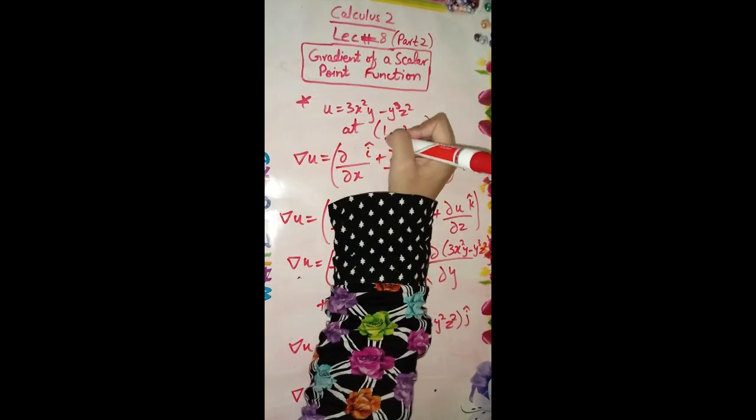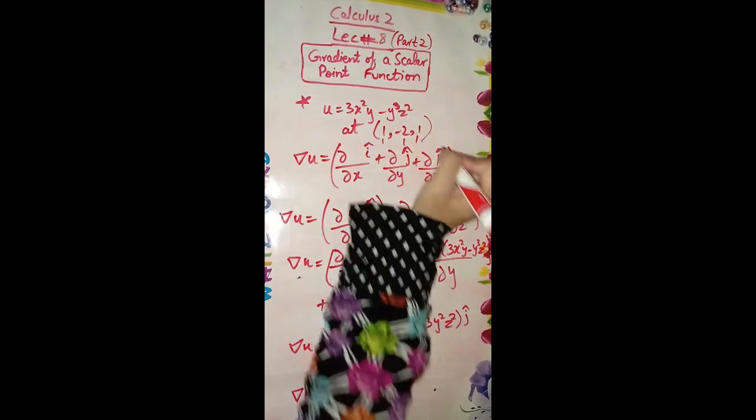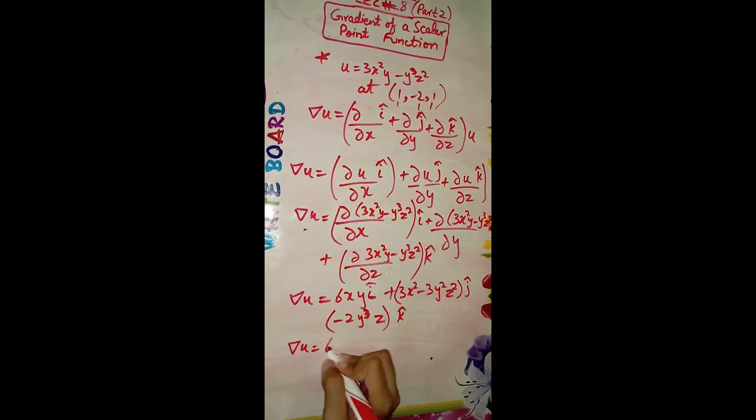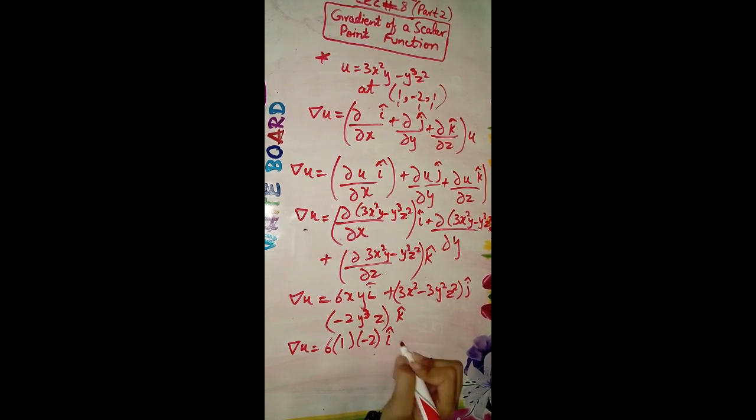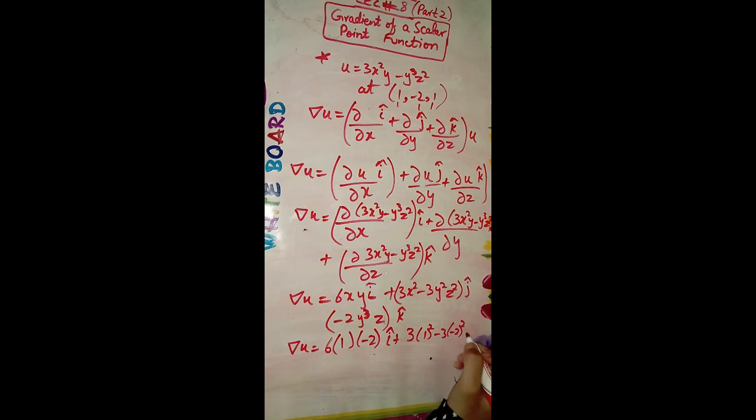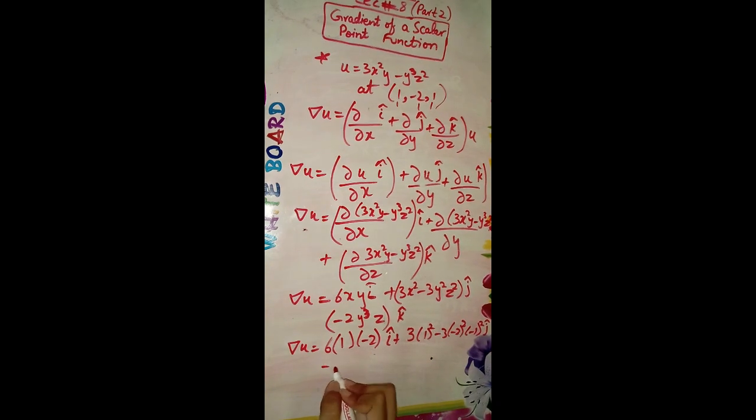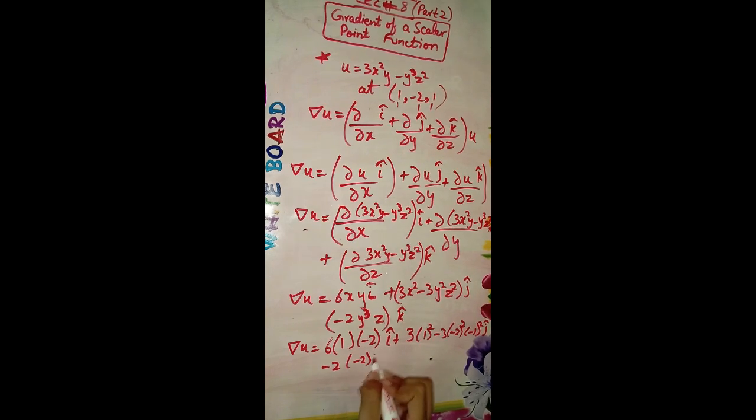This is our x value, this is y value, and this is the z value. So 6 into 1 into −2 in the i hat direction plus 3 into 1² − 3 into (−2)² into (−1)² in the j hat direction, minus 2 into (−2)³ into (−1) in the k hat direction.